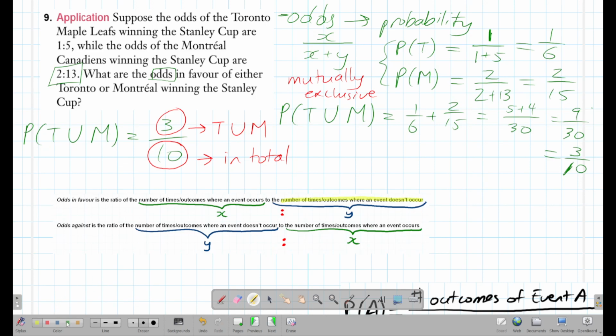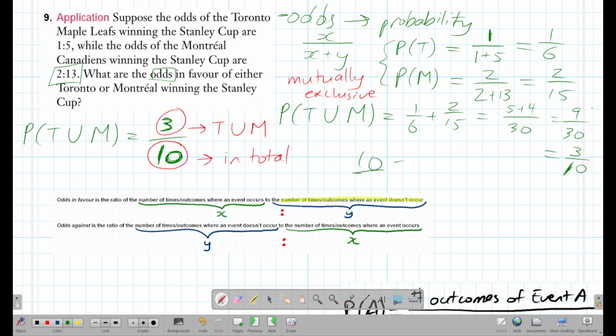We don't have this yet, but it's pretty easy to find because we know there are 10 outcomes in total.